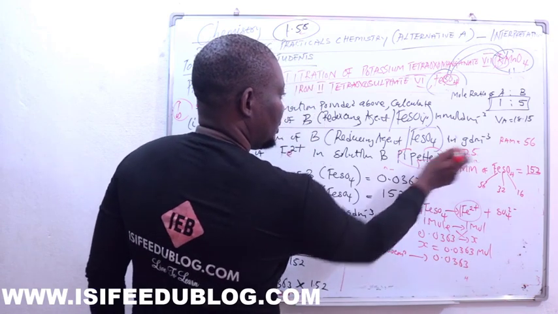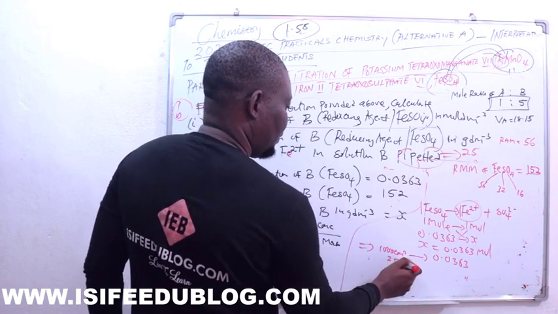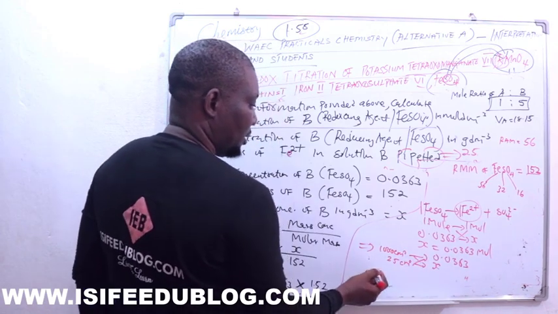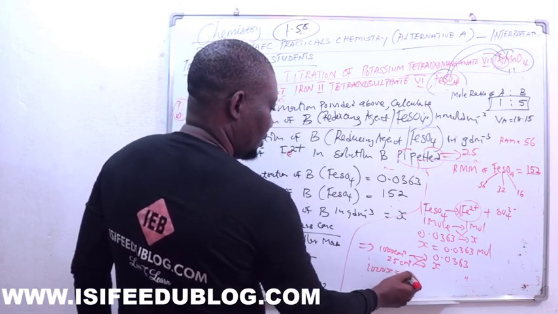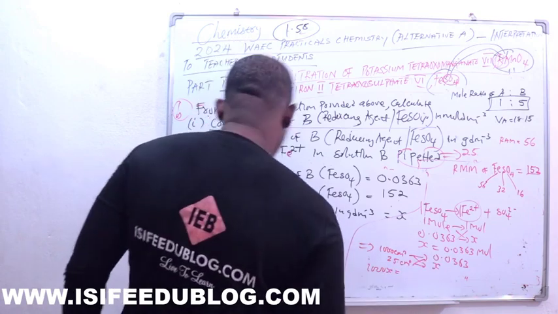So the volume of the pipette, 25 cm cube, how many moles go in here? We do x. So we cross multiply at these points. So 1000x is equal to this times this.